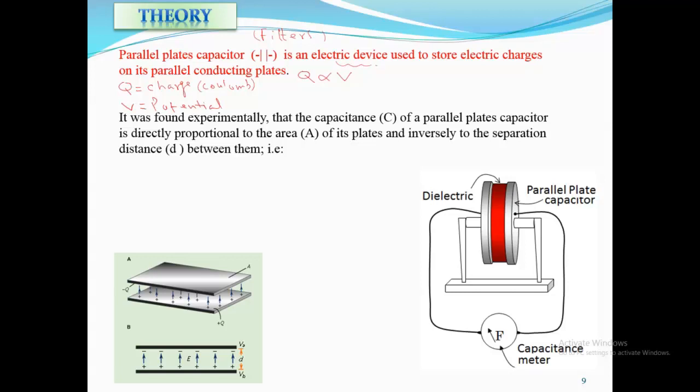This gives you Q is equal to some constant, let's say C, multiplied by V. So this further gives you C is equal to Q over V, in the unit of farad. Farad is the unit for capacitance. You see, C is a constant.